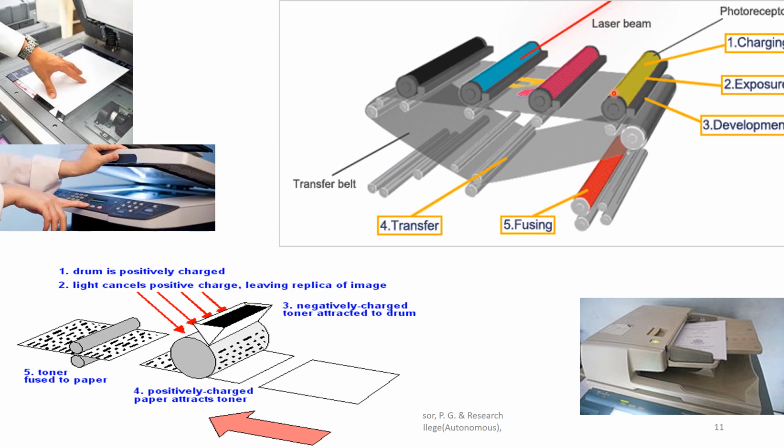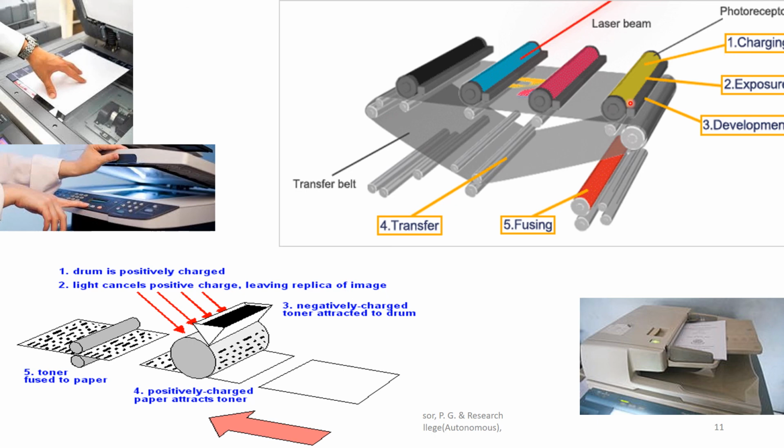That beam removes all the electrostatic image left over on the photoreceptor, which is actually erasing the image developed by the toner particles.